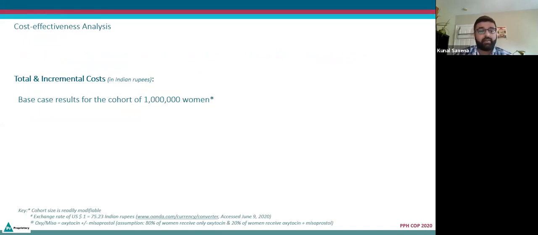So now, for the first set of results, we look at the total and incremental cost. And again, this is a base case result for a cohort of 1 million women, because as I mentioned, India is a use case. So we assumed a cohort of 1 million women to reflect the real world population in India which will be going through this model.